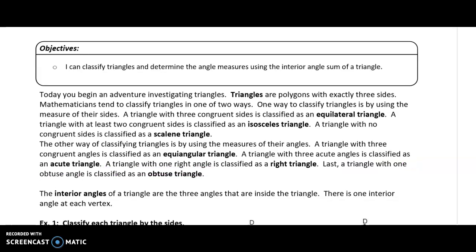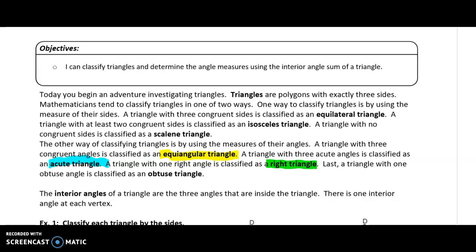All right, again, to summarize, ways of classifying triangles based off of their measurements of their angles. Equiangular, if all 3 angles are congruent. An acute triangle, if all 3 angles are acute, they're all less than 90 degrees.